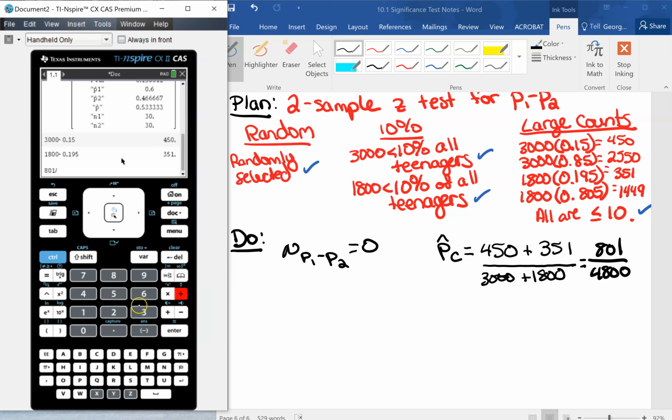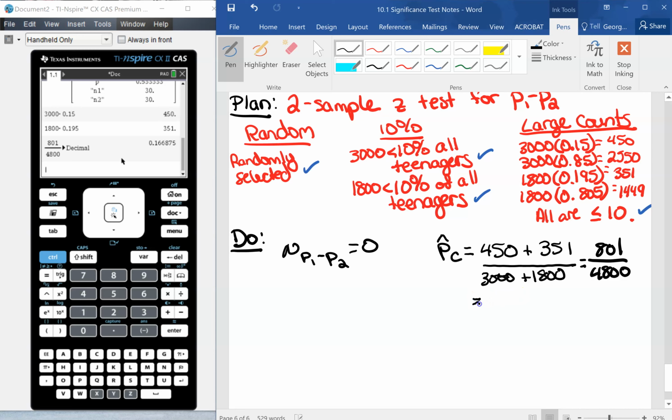Don't forget to tell it that you want it in decimal form. And we end up with 0.167 for our pooled. Then we want to tell the graders that we're doing a 2 prop z test. And we need to make sure that we show our z, which is our test statistic, and then our p-value.